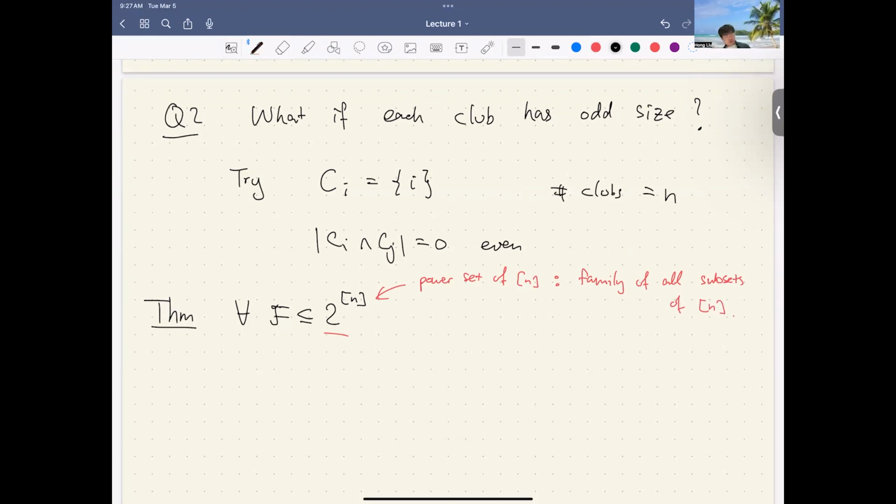You have some collection of subsets of n, that's F. If we know the first condition: each set in F, which you should think of as a club, has odd size.